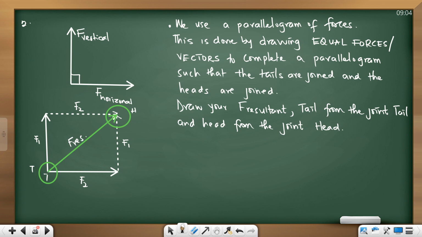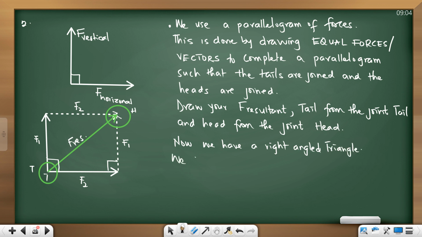And one thing you must not forget, these forces are perpendicular to each other. So if this is 90 degrees, do you notice that gives you a right angled triangle? Now we have a right angled triangle.